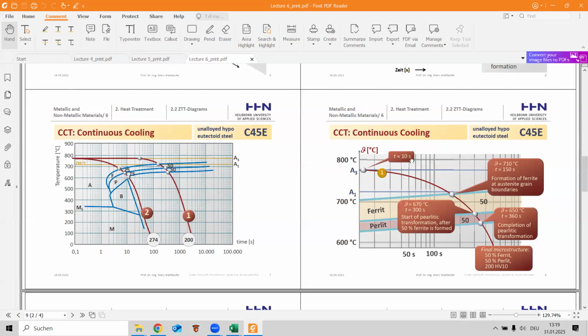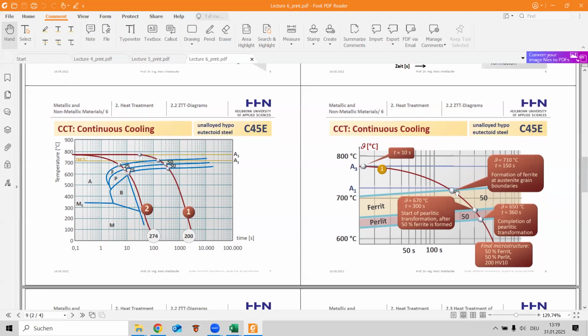So when time is around 10 seconds, when time is 150 seconds, and temperature 710 degrees, formation of ferrite and austenite grain boundaries. So austenite and ferrite grain boundaries here. Point.